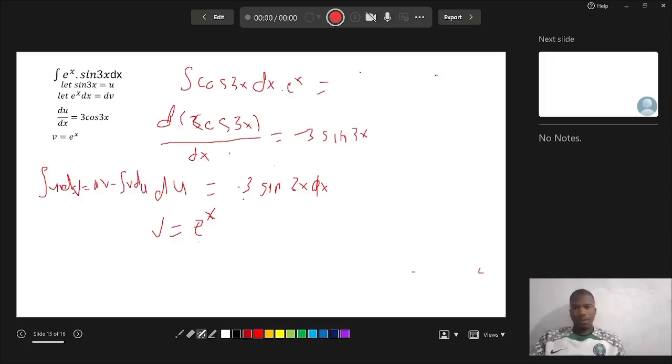The value of u is cos 3x. What is the value of v? The value of v is e to the power x, minus the integral of v, which is e to the power x, multiplied by negative 3 sine 3x dx, right?